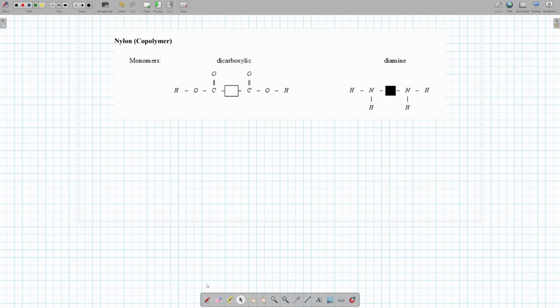Okay, over here. So let me draw the R bonded to C, double bond O, bonded to OH, bonded to C, double bond OH. Okay, and then here you have the diamine. It's R prime bonded to NHH, R prime bonded to NHH. So what do we do?